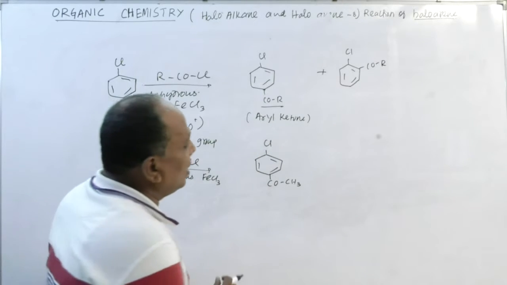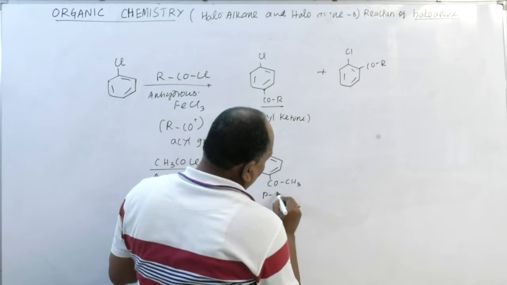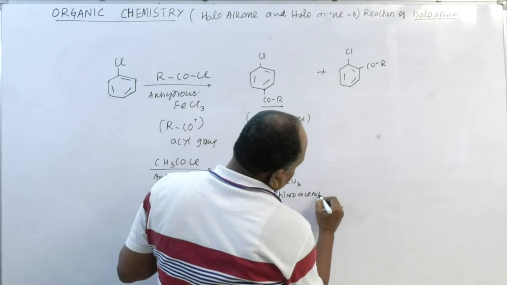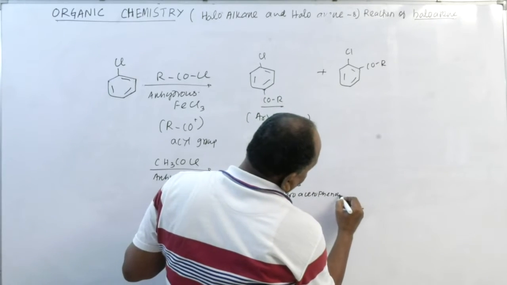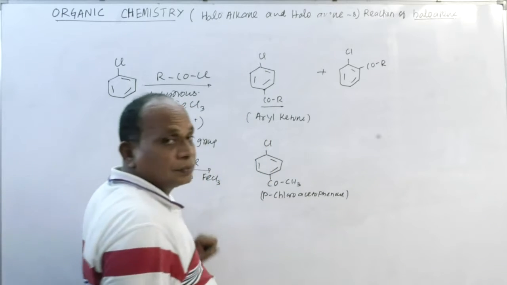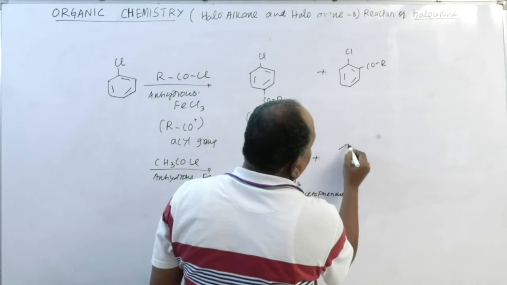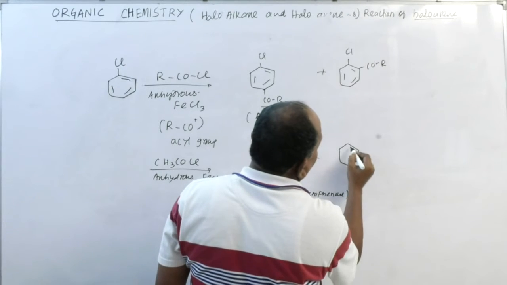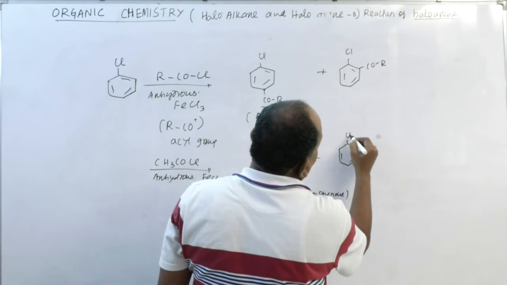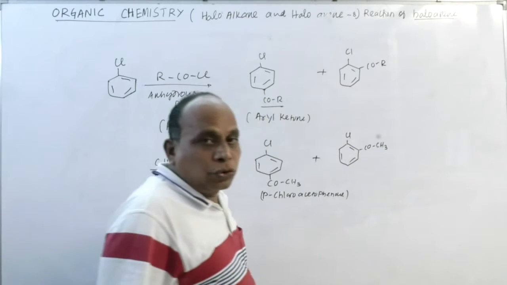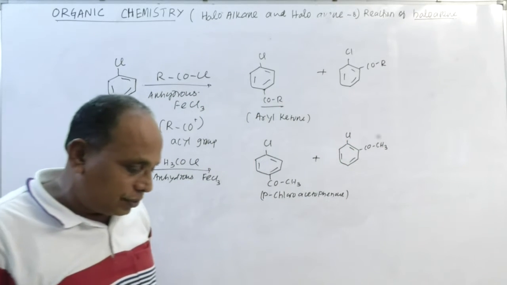But this is called parachloroacetophenone, and it gives another isomer, orthochloroacetophenone.